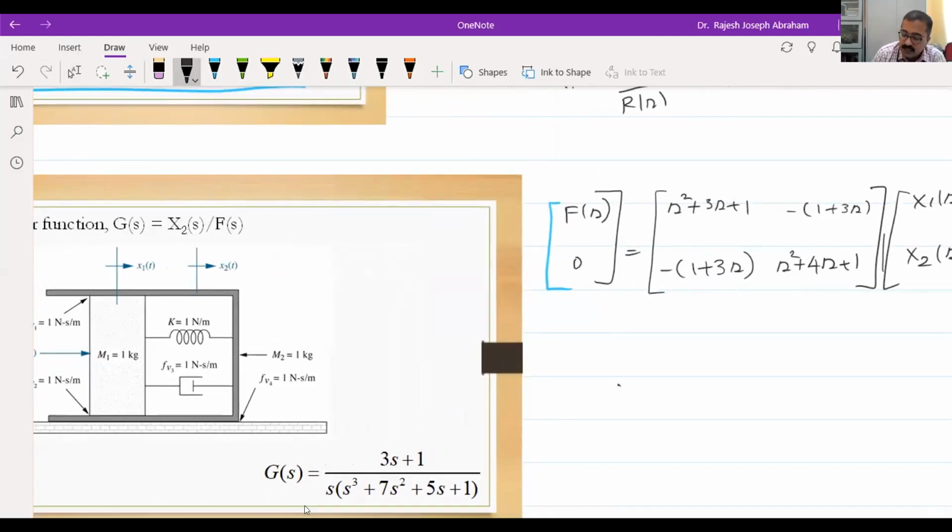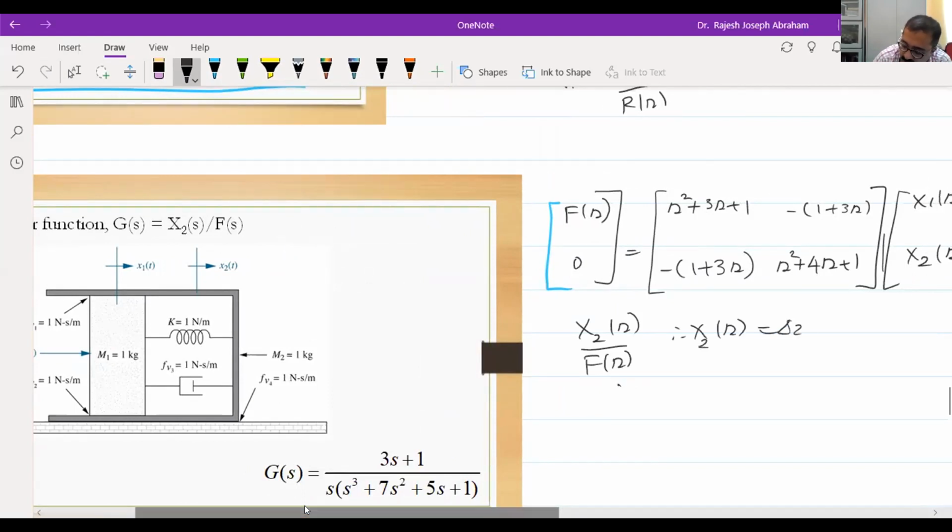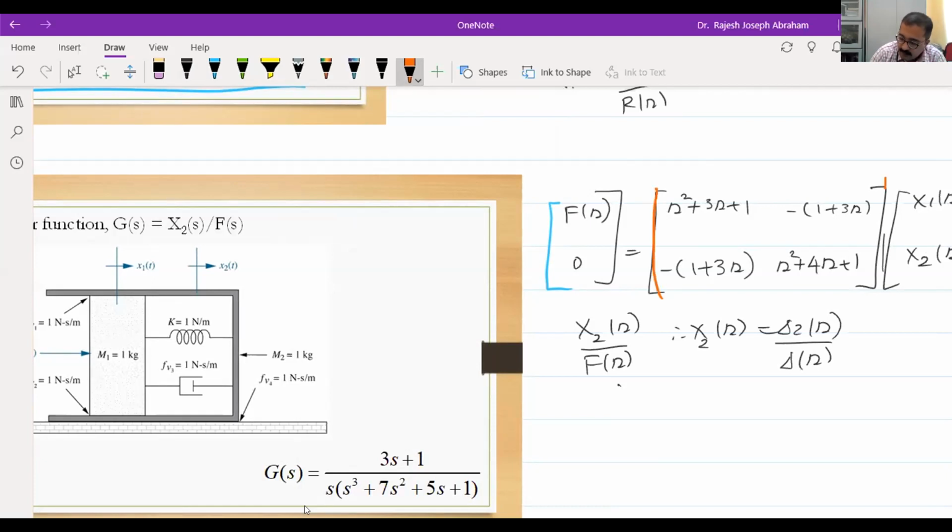Now what's the question? You have to find X2 of s divided by F of s. So how will you find X2 of s? Delta 2 divided by delta. What is delta of s? This determinant is delta. Now what is delta 2? Second column replaced with the force vector.